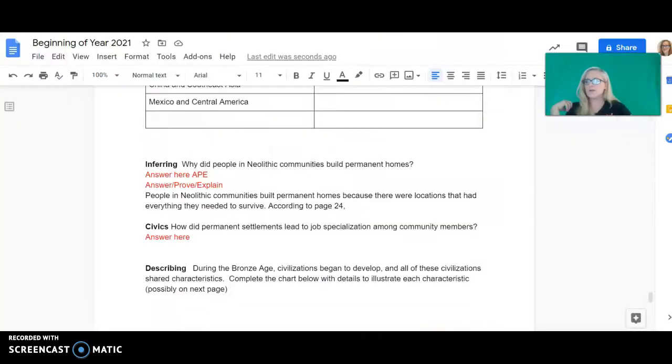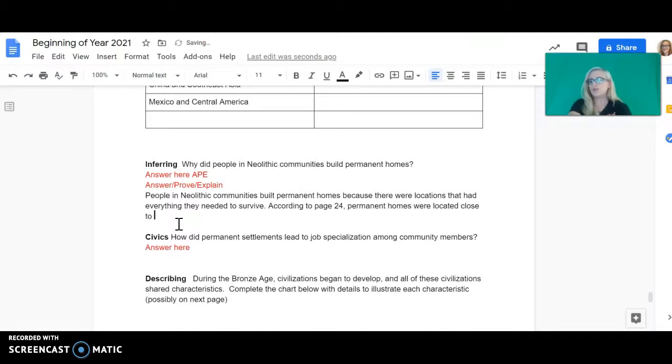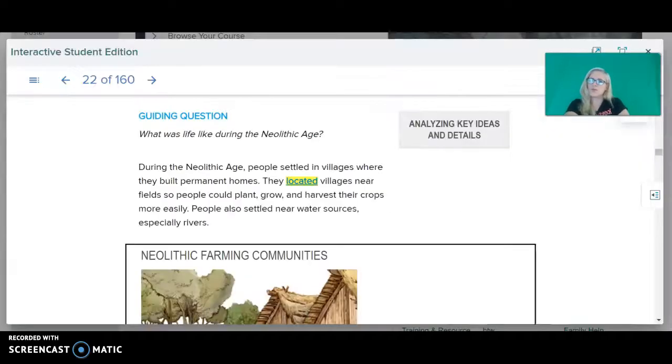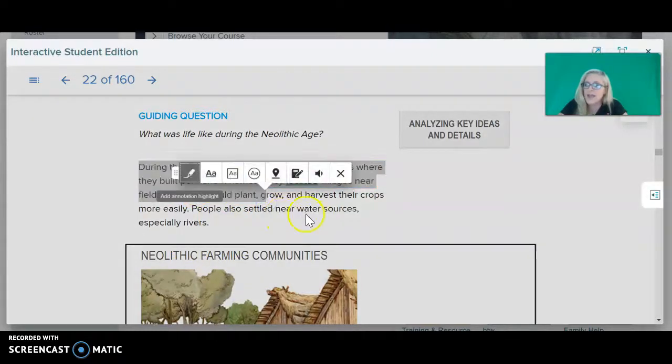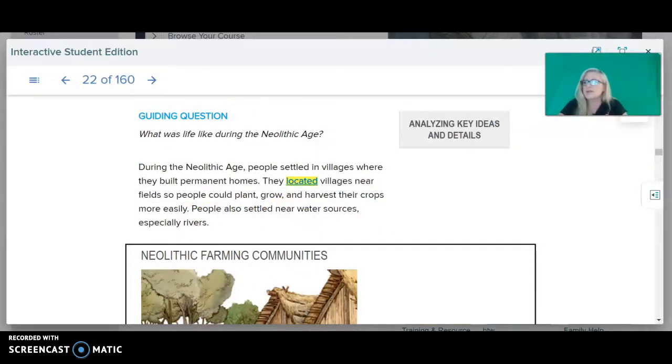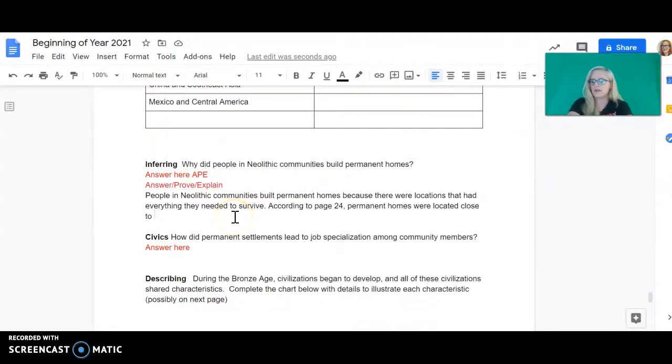Permanent homes were located close to fields to plant, right? And water sources. So I can include that.